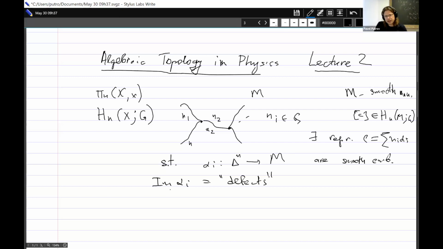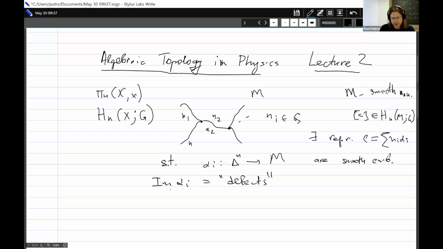Later we will consider when M is a space-time for some quantum field theory, and then we will see that these homology classes can appear in networks of defects, where these defects have the meaning of extended operators in quantum field theory.